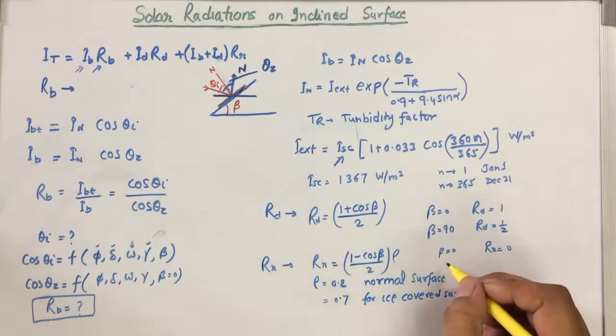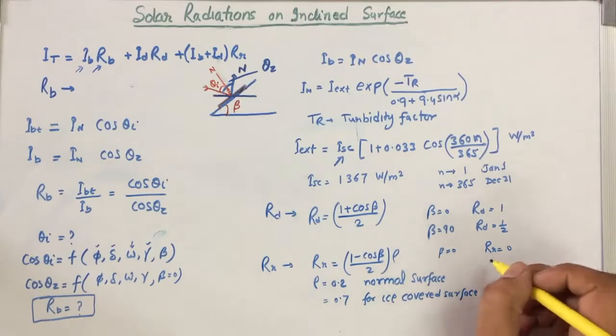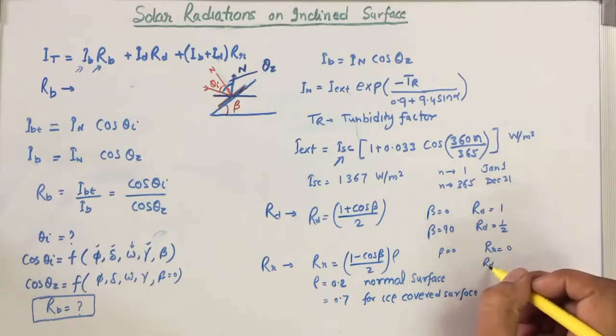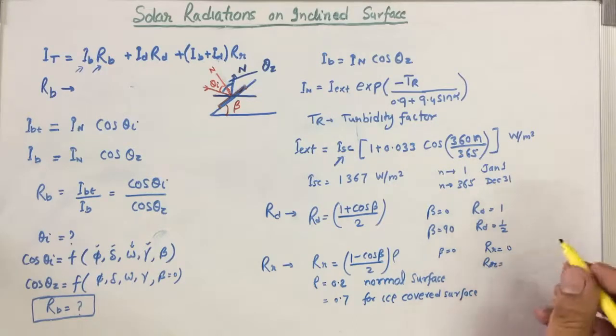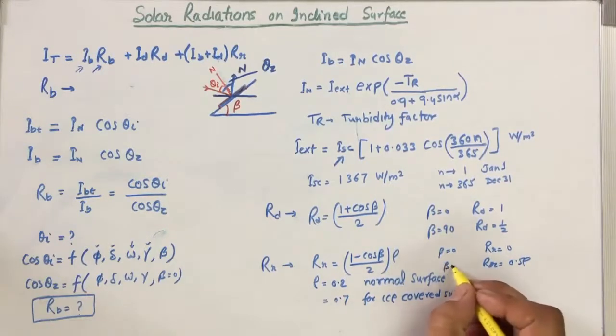And for any normal conditions I'm talking about, for beta equal to 90, R will be 0.5 times rho. Write it here, beta is equal to 90.